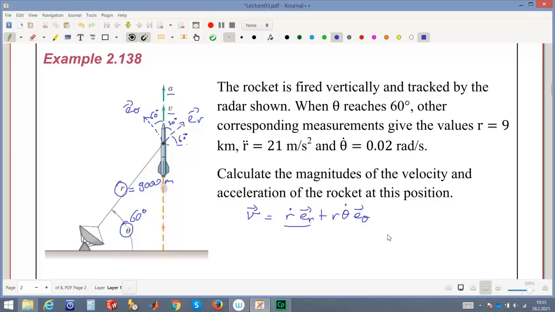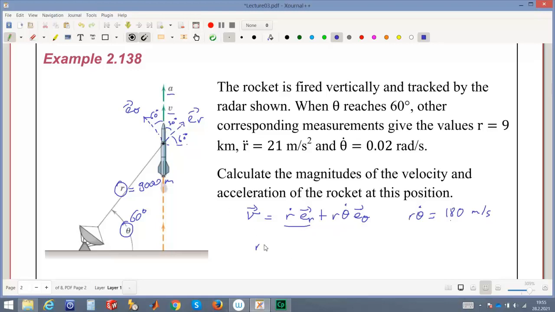So what I will do is multiply r times theta dot, and that would be equal to 9,000 times 0.02, so 180, I believe, and that value is meters per second, this component, and as a result of that, if I know e_theta, actually I can calculate the velocity.